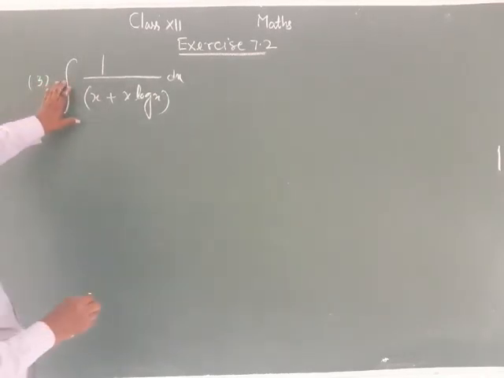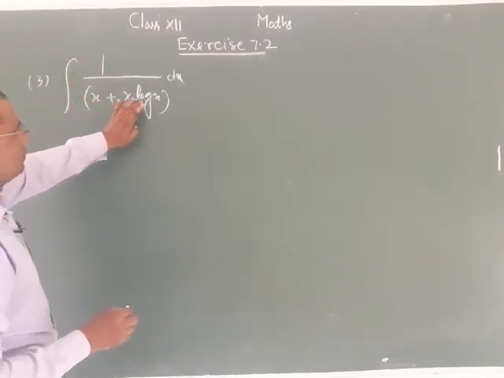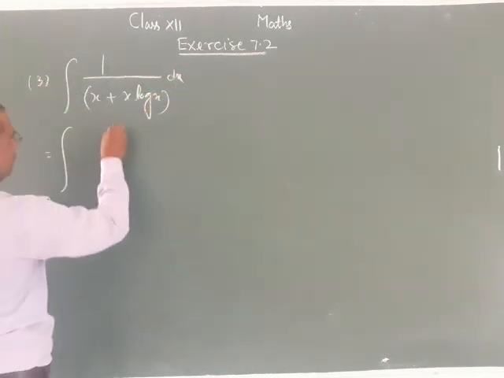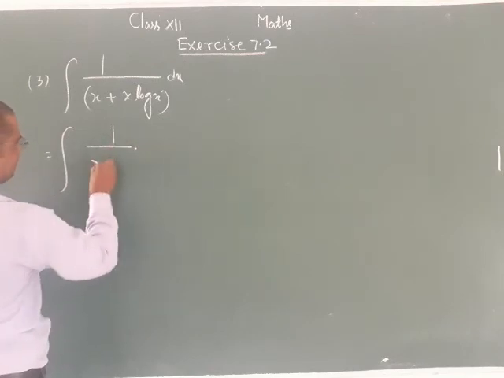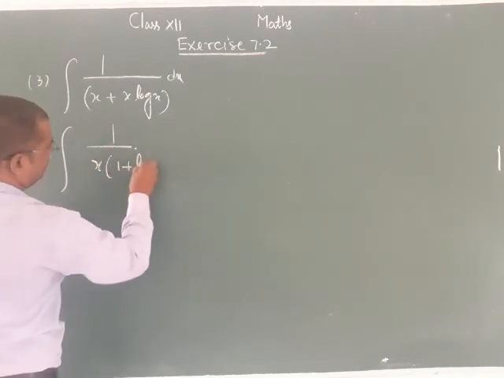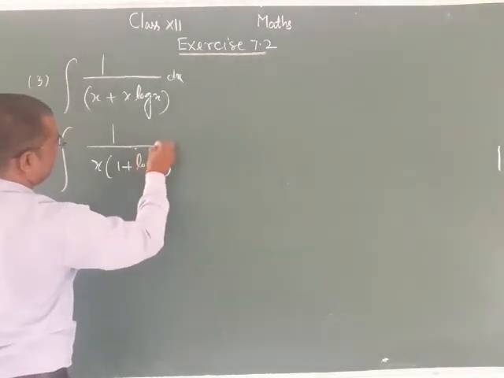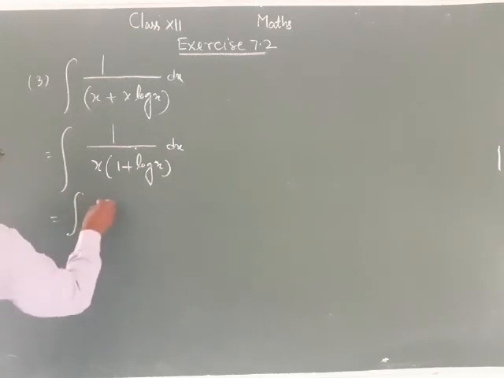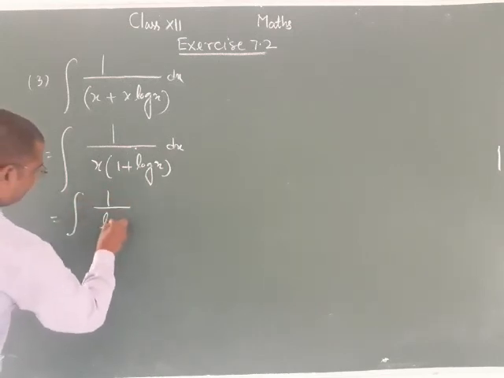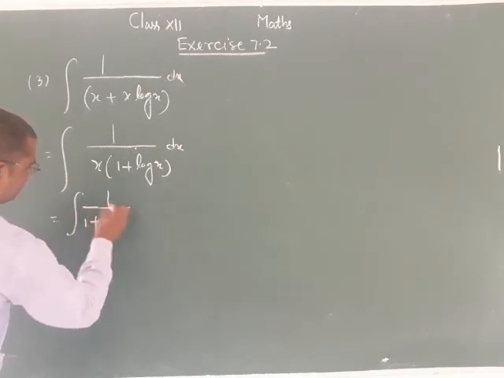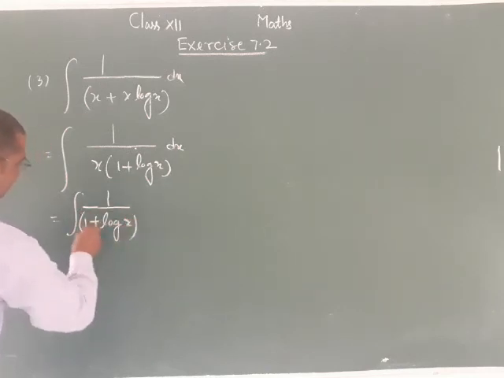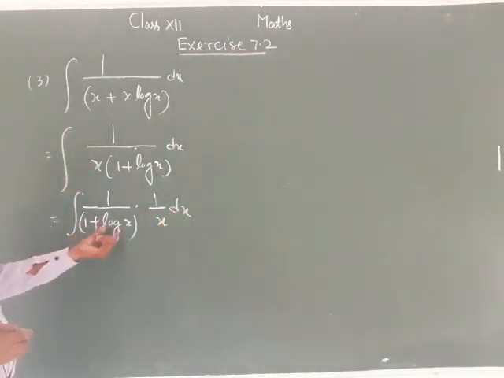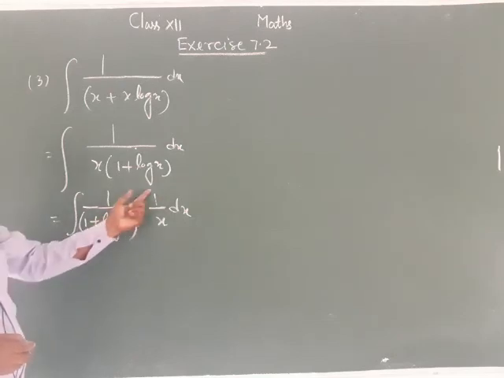Question number 3, integral of 1 upon x plus x log x dx. We can take 1 upon x common out, giving 1 plus log x. So the integral of 1 upon 1 plus log x times 1 upon x dx. Now the derivative of log x is 1 upon x.